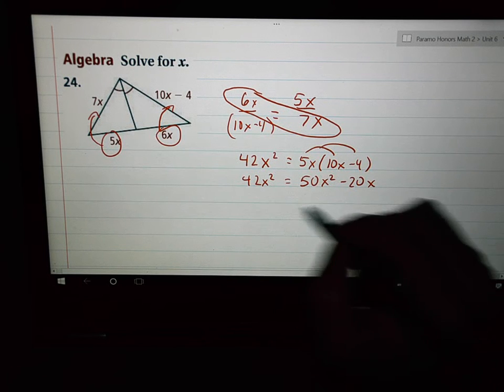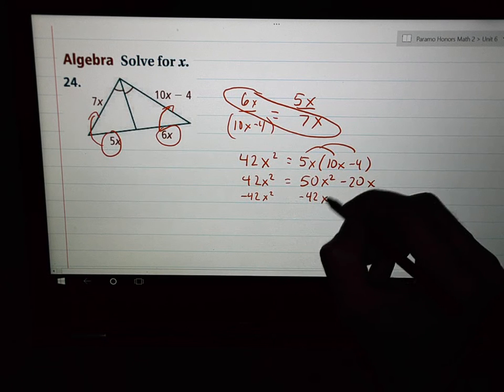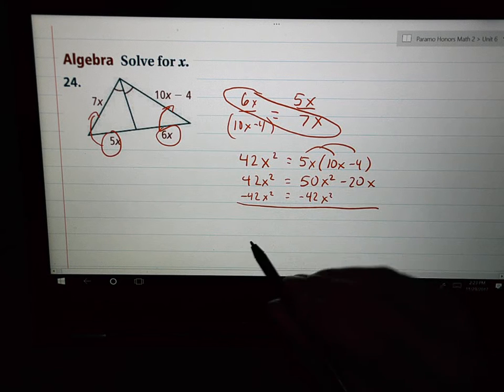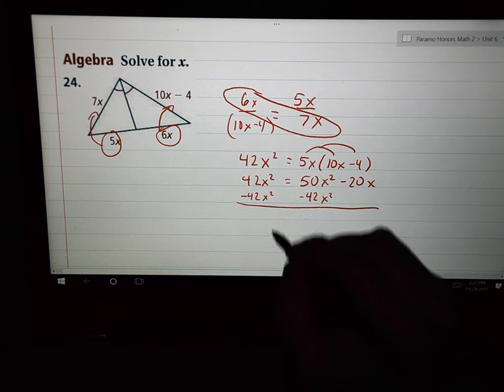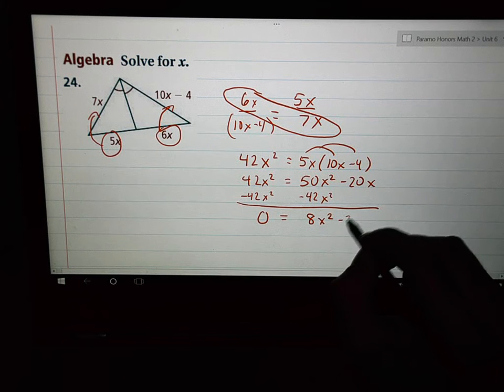I'm going to subtract 42x squared, because 42x squared minus 42x squared is 0, equals 8x squared minus 20x.